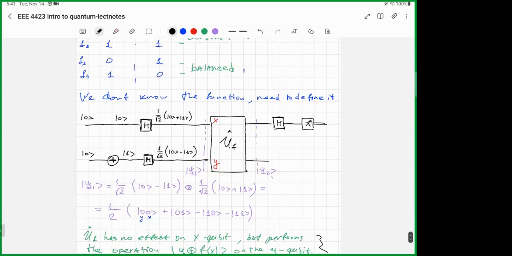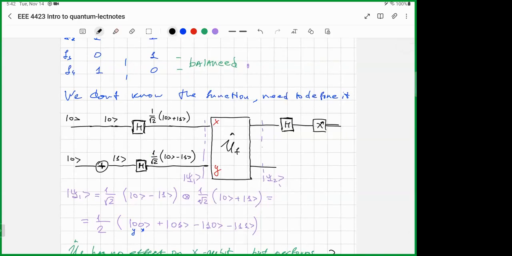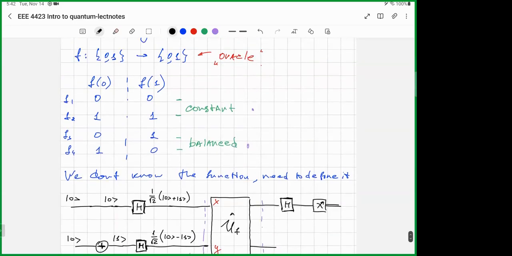So once again, we have a quantum circuit, and the only part to design in this circuit is this unitary operator UF, okay? The purpose of this algorithm is to define whether the function f, the oracle, is constant or balanced, depending on the type of response of this function. Either it's constant, or balanced, where the result depends on the argument, either 0 or 1.